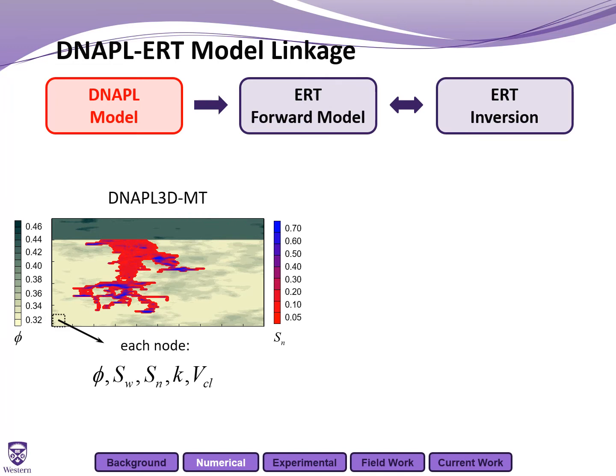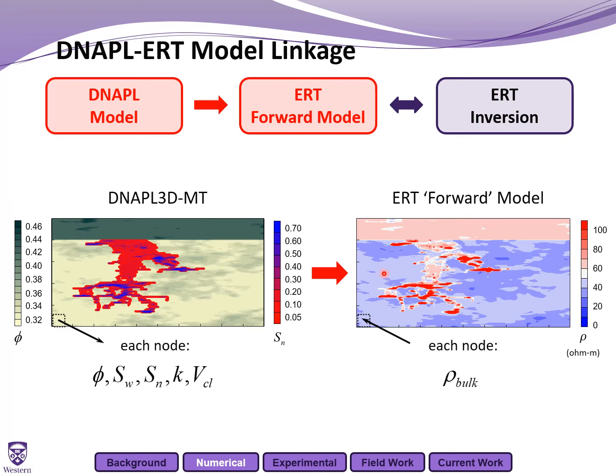So with the numerical study, we first developed a new and valuable coupled model, which linked a DNAPL multiphase flow model to an ERT model. So again, taking the key hydrogeological parameters from the multiphase flow model and converting those using petrophysics to the corresponding electrical properties, in this case bulk electrical resistivity.